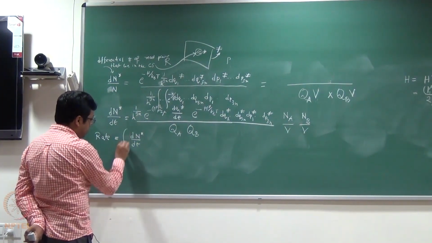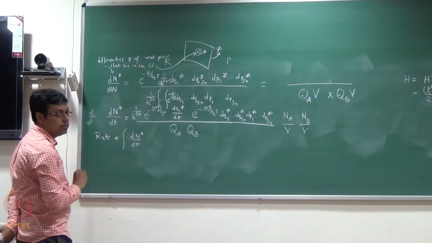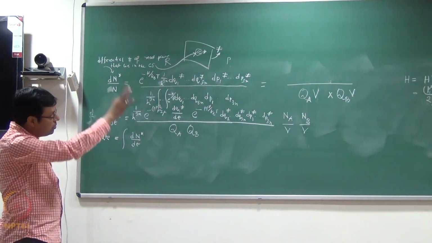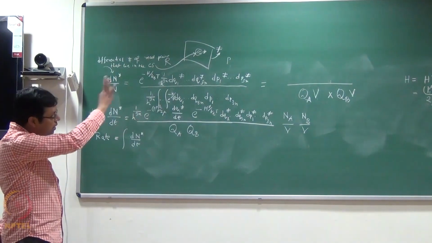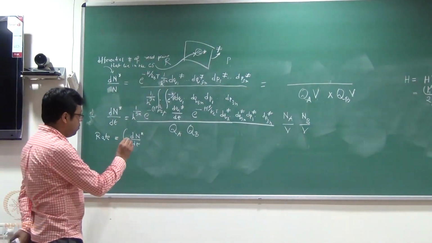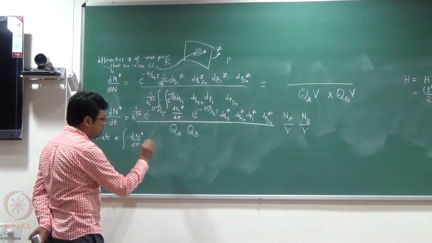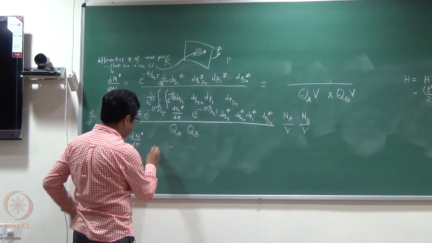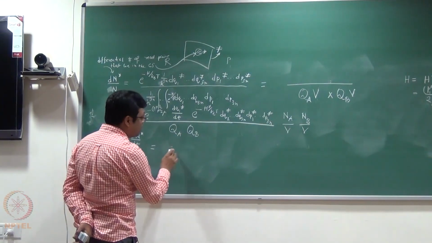But then I have to integrate it over all the space, because this is the condition under which I am calculating. Let me integrate it, but before we integrate, let us see what I am doing.